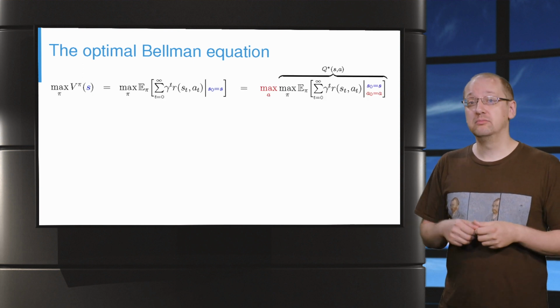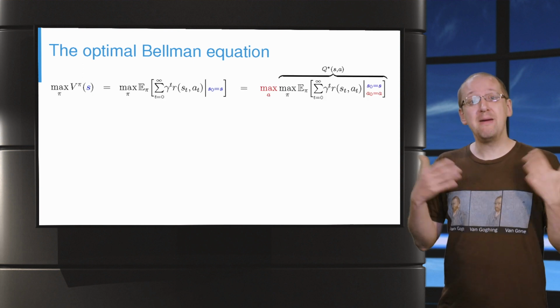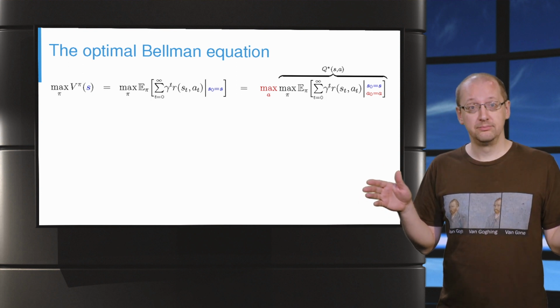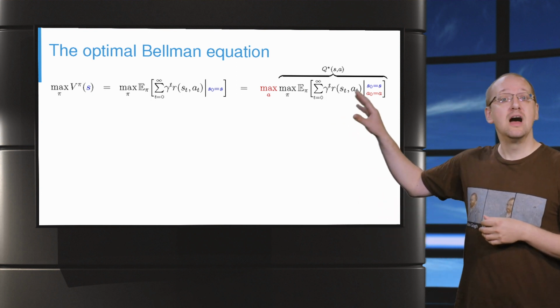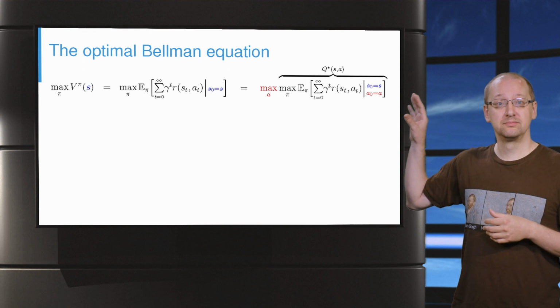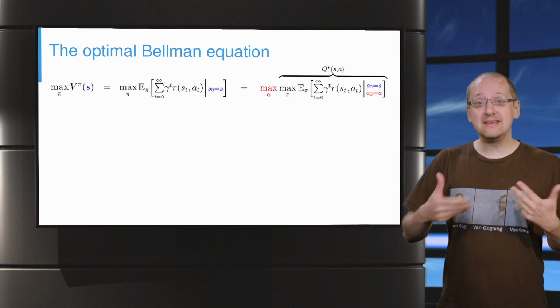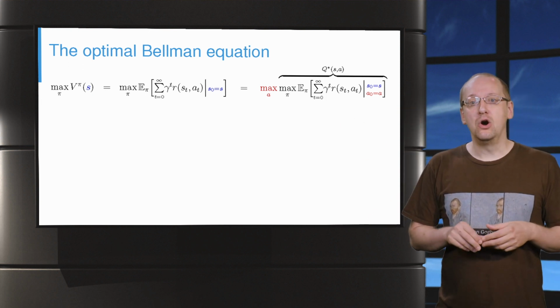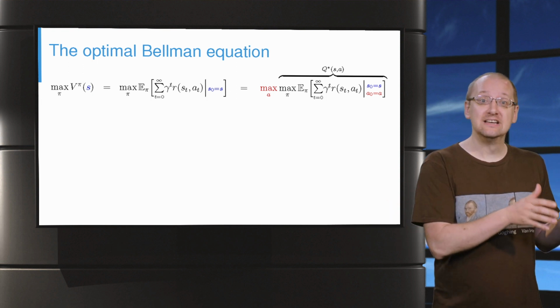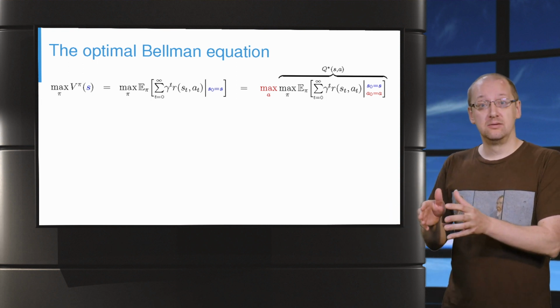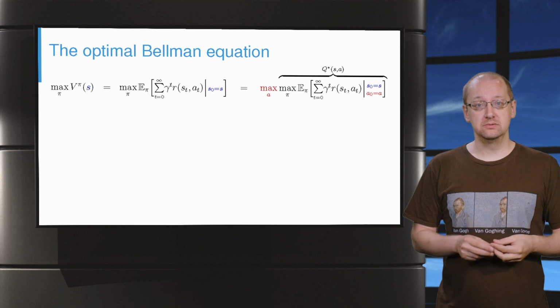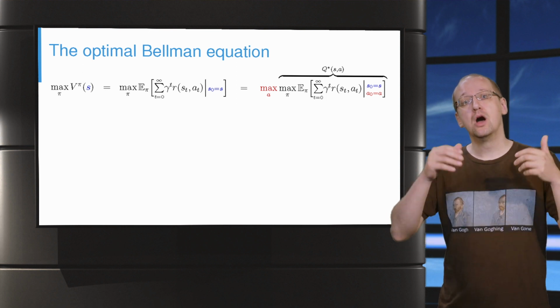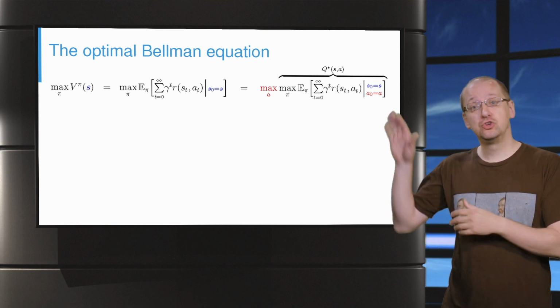The first decision, A0, should maximize all future rewards, so we can simply put the maximum outside of the decision. The remaining expectation conditioned on both the first state S and the first action A is called the Q value, and we will call the Q value of the maximal policy Q star.